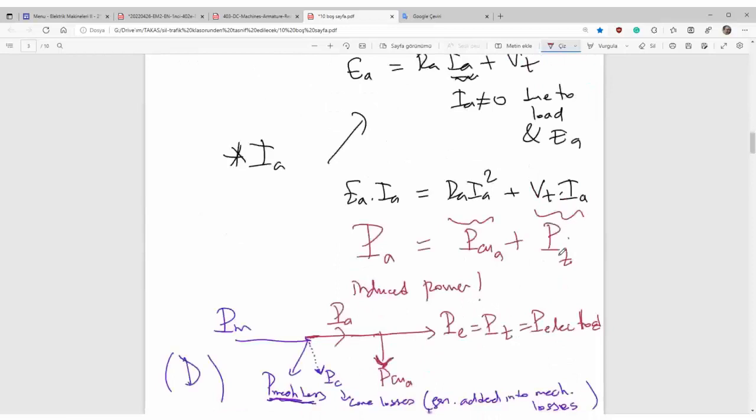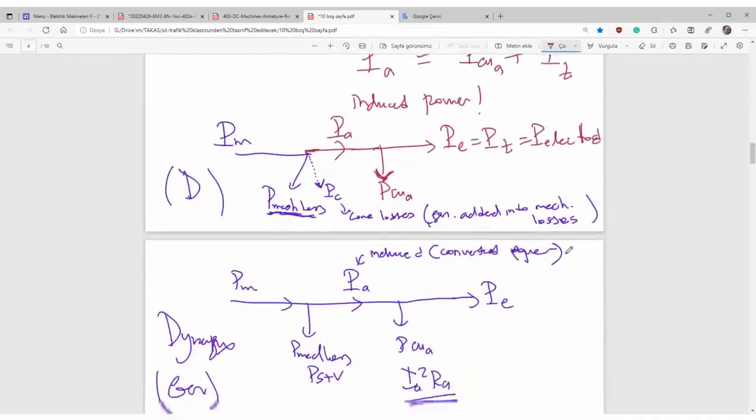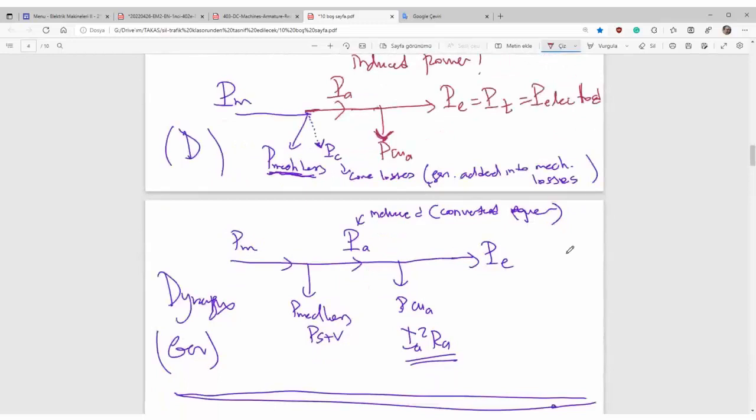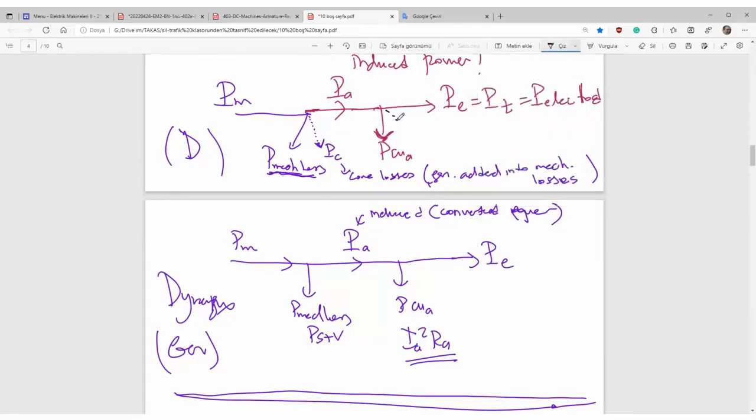So all those diagrams change with respect to the connection of the machine. Let me draw copper loss in field.